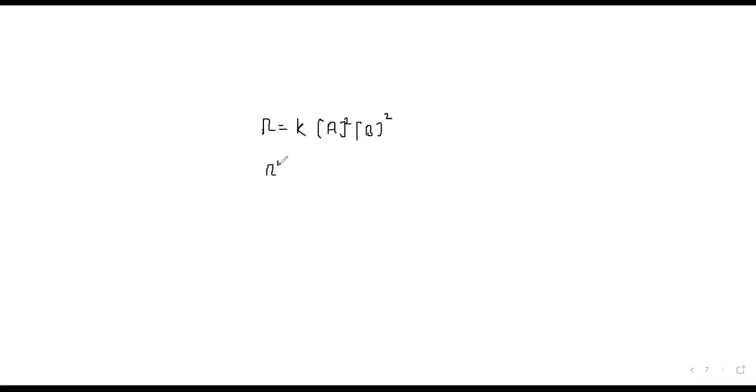If I am writing the R dash value, what do you mean by A to power 2, B to power 2?